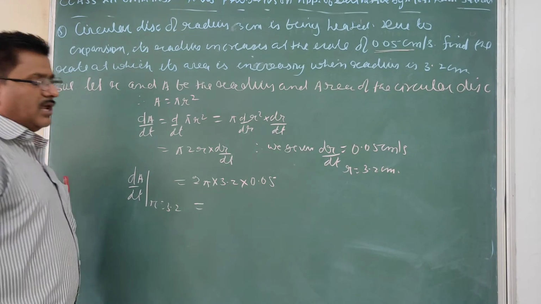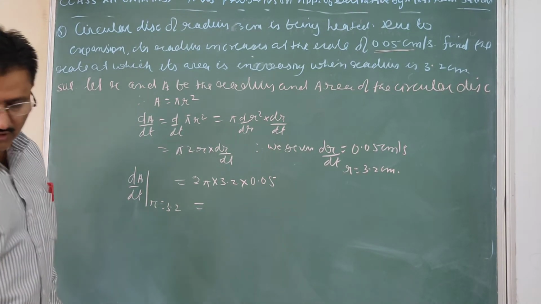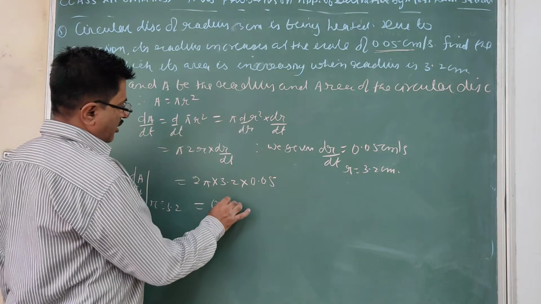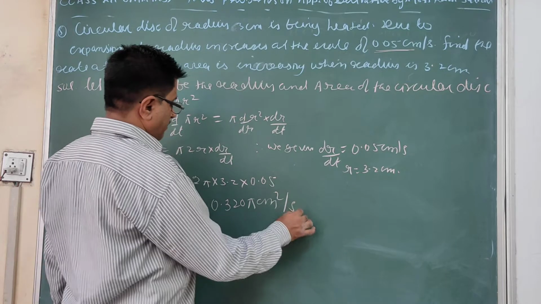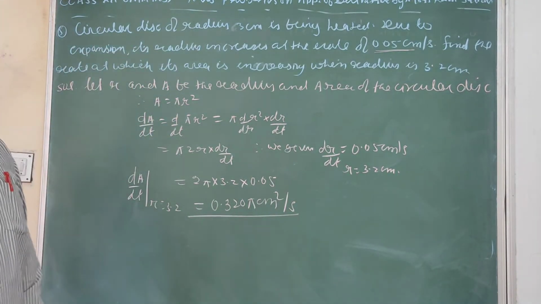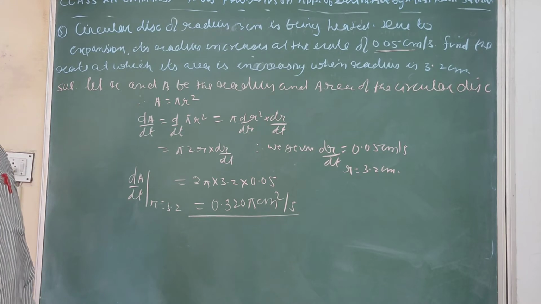So you can multiply all the values, that will give you 0.320 pi centimeter square per second. So this is the required increasing of the area.